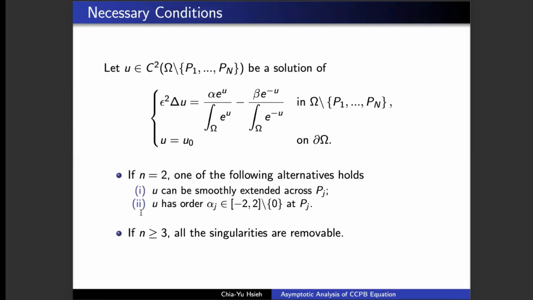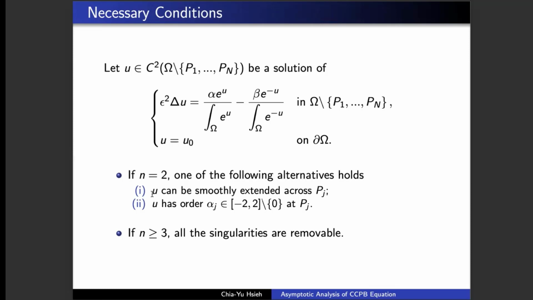So we can combine these two results together to obtain a necessary condition for the possible singularity in the Poisson-Boltzmann model. That is, if n equals 2, for the singularity of the solution U, either U can be smoothly extended across the singularity, that is, it's a removable one, or U has an order alpha_j between -2 and +2 at P_j.